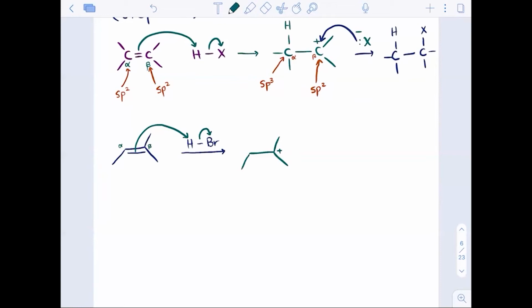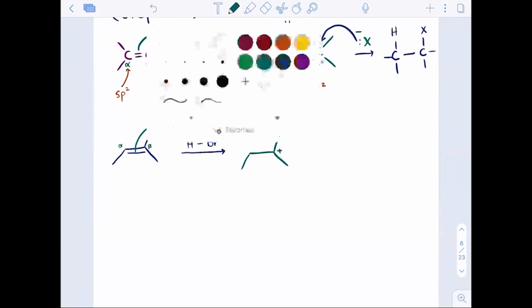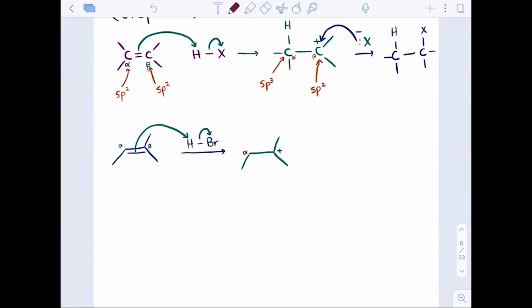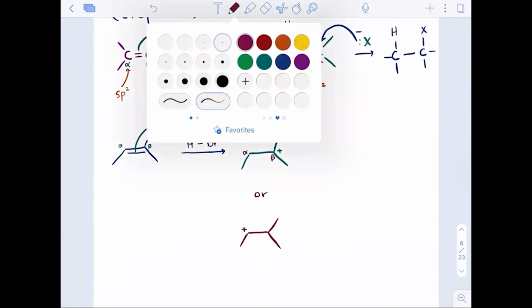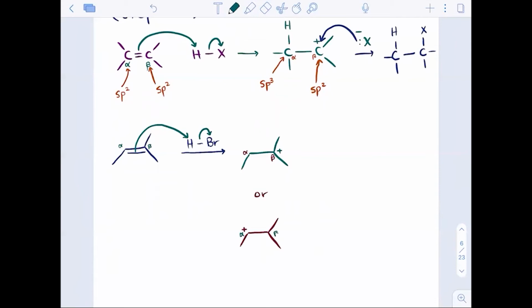So when we think about which carbon is more suited to hold the positive charge, beta is more substituted, it is more stable at that position. If you wanted to think about putting the alpha as the carbocation, remember that a secondary carbocation is not as stable as a tertiary carbocation. And so looking at this is the regioselective nature.